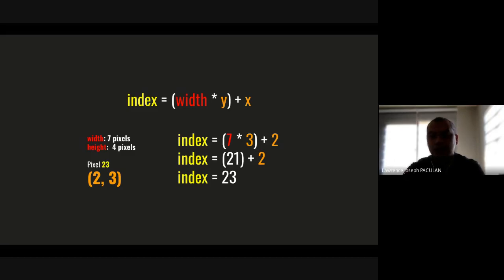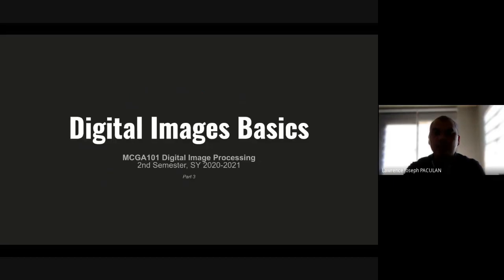Okay, so these are some examples. We can pause and try to analyze the formula. This is for pixel 9. So that's for the second part of this session.